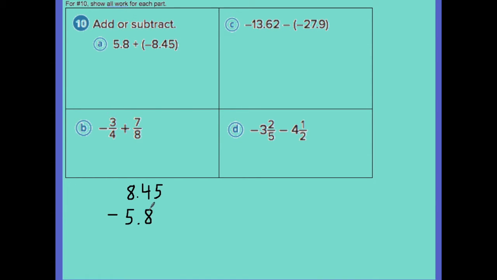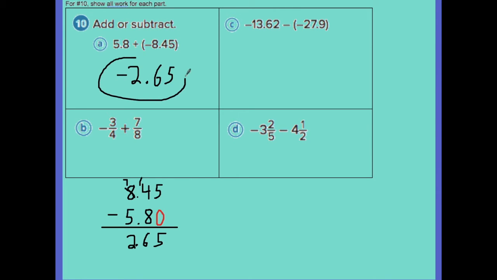This 5.8, I need to tack on a 0 here to keep everything in line. All right, so I'm going to borrow here, 14 minus 8. My answer is 2.65, but because there's more negatives than positives, it's going to be a negative 2.65. Good part to show work down here. There's plenty of room on your page.